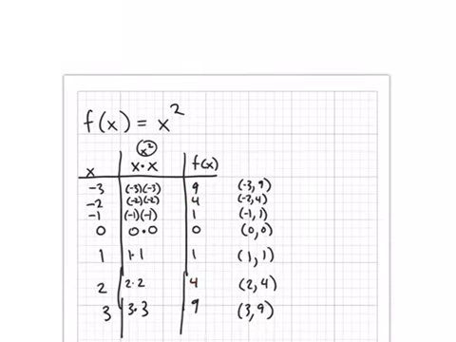Okay? You might ask yourself, what's the slope of this line? And you might say, okay, my change in x is +1, +1, +1 every time, because that's what I was doing. My change in y, well, from 9 to 4 is down 5, so that's -5. From 4 to 1 is -3. From 1 to 0 is -1.